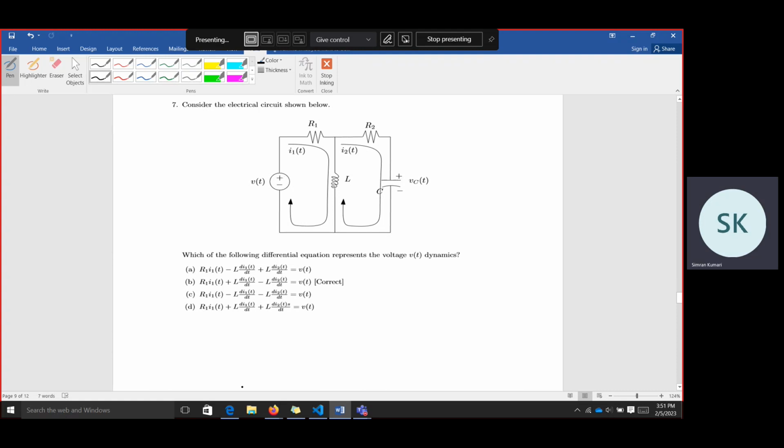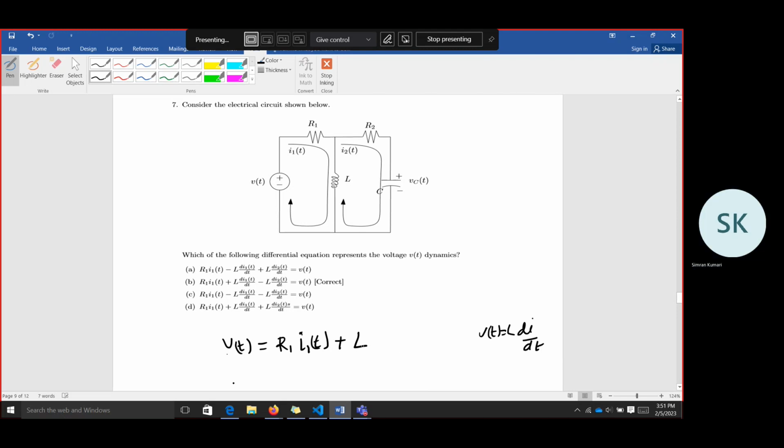What will it say? That V(t) equal to R1 I1(t) plus L. What will be this one? V equal to L di by dt.